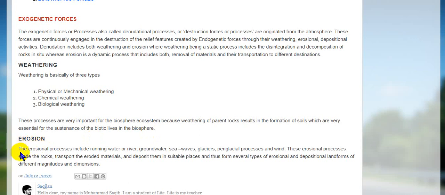Now, erosion. The erosional processes include running water or rivers, groundwater, sea waves, glaciers, periglacial processes, and winds.